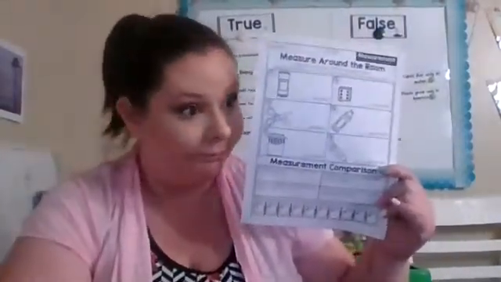Okay, and that's what you're going to be practicing in our practice pages today, in a very fun way. I am very excited for this. So you are going to measure the room.